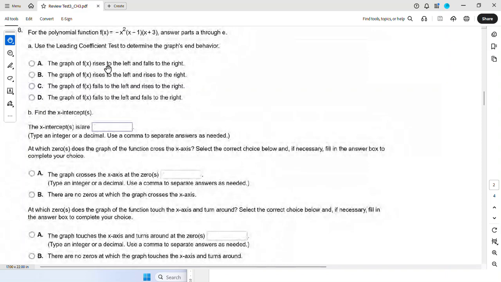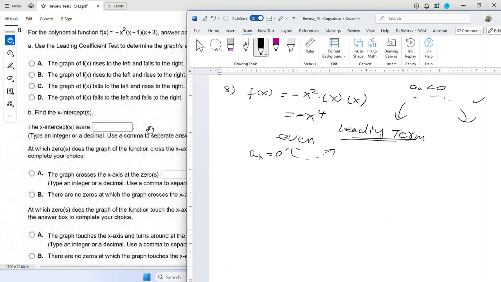The graph, x-intercepts. What are the x-intercepts here? X-intercept means y is equal to 0.